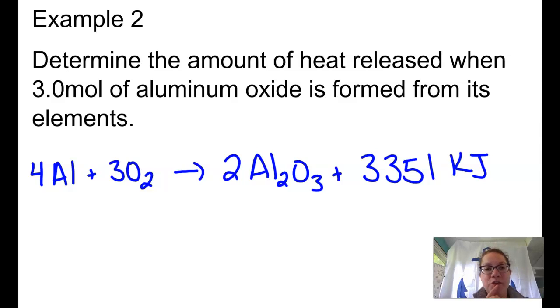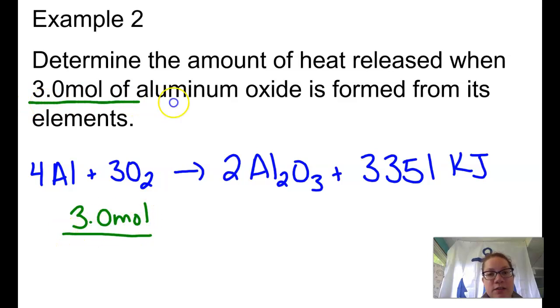All right, so now let's do our problem. Determine the amount of heat released when 3 moles of aluminum oxide is formed from its elements. So I'm going to go ahead and set up a proportion again. And I'm going to say, well, I'm going to have 3 in my numerator, right, because that's given to me. And in my problem here, I have 2 moles.